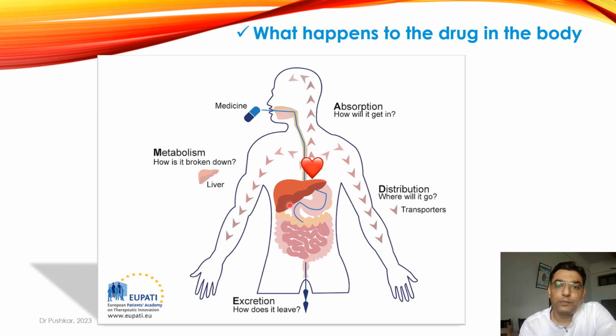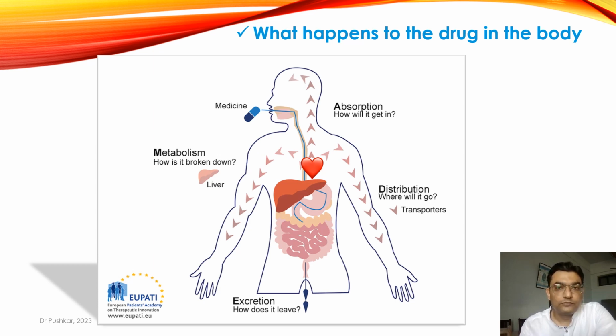When it passes through the liver, metabolism happens, and all those metabolites are excreted out. The most common routes of excretion are the renal route as well as from the liver to the feces. So all this happens when you give a drug to a body.